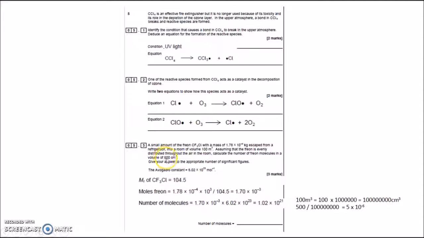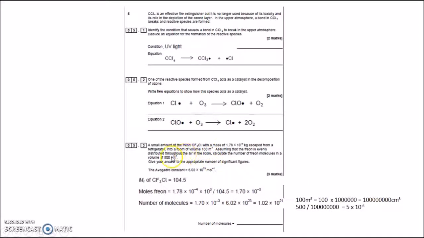I only need 500 centimeters cubed, so I'm going to do a fraction. 500 divided by 1 times 10 to the power of 8 is 5 times 10 to the minus 6. That is how much I've got to scale down by. I've got to multiply by this number to bring 100 meters cubed down to 500 centimeters cubed, because I know how many particles are in 100 meters cubed.